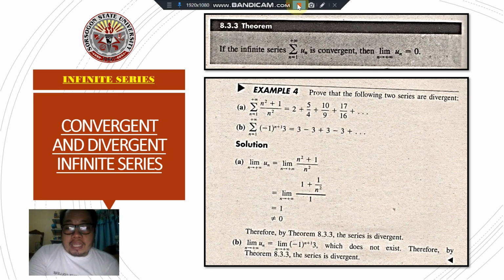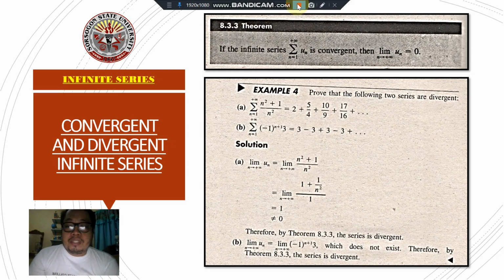Now, why does the limit of the simplified u sub n become 1? Since the limit of 1 over n squared is equal to 0, then added with 1, the sum in the numerator is 1, divided by 1, so the quotient is equal to 1. Now, the limit is not equal to 0.